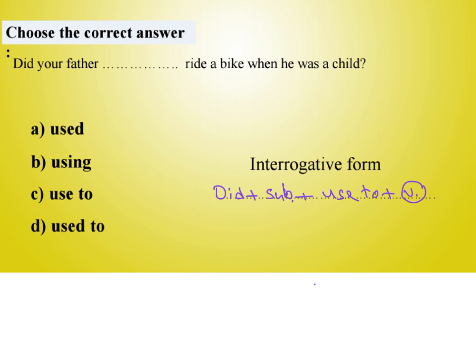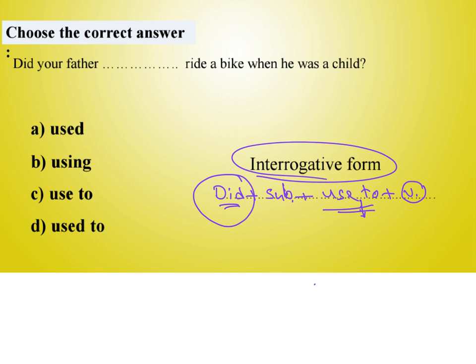Take care that we drop the letter D. So in the interrogative form we will drop the letter D. So the correct answer is used to without adding the letter D. Okay? Why? Because this is what we call the interrogative form.